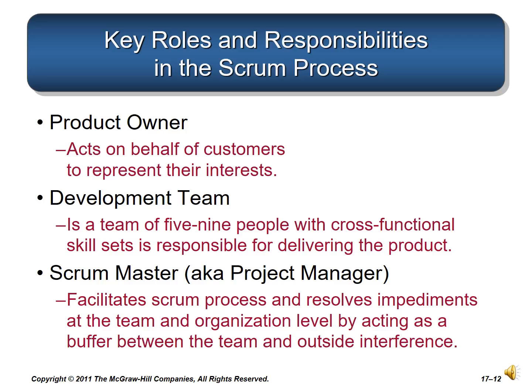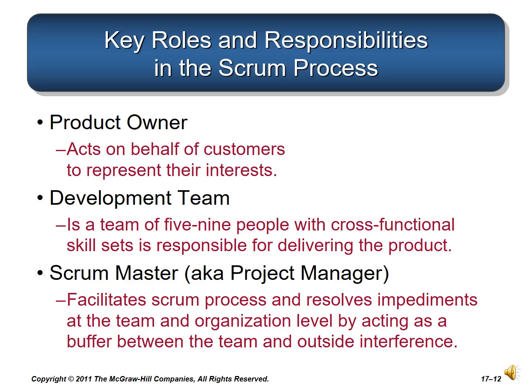There are 3 key roles to the Scrum process: product owner, development team, and the Scrum Master. The product owner is the person that acts on behalf of the customers to represent their interests. They are responsible for ensuring that the development team focuses their efforts on developing a product that will fulfill the business objective of the project.